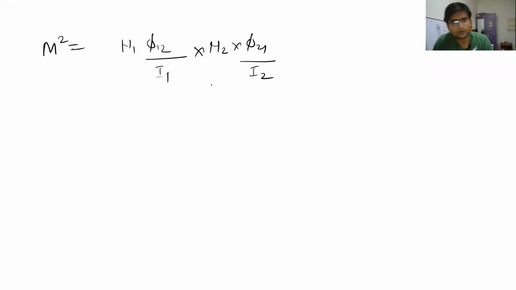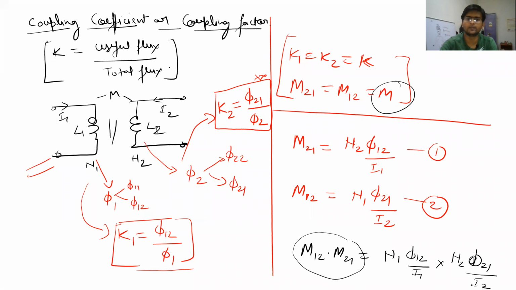So let us do some rearrangement and try to convert this into some known forms. You already have N1 and I1 here. What I have done is I have rearranged.